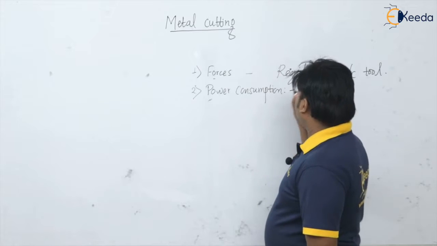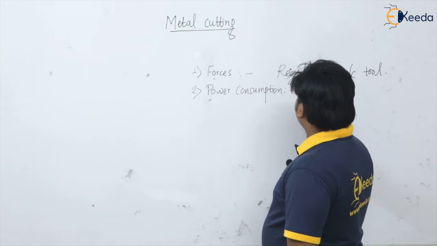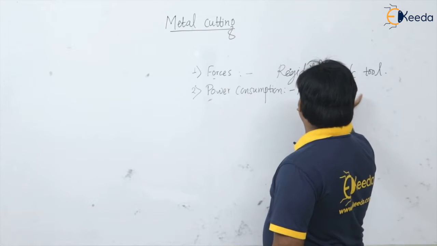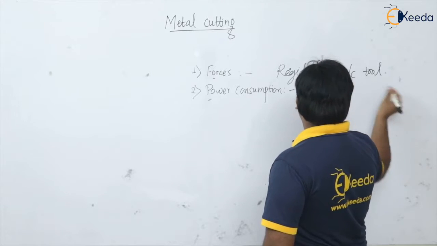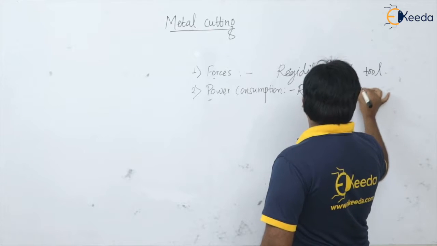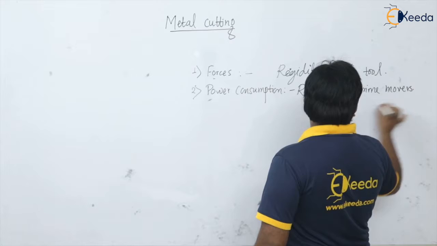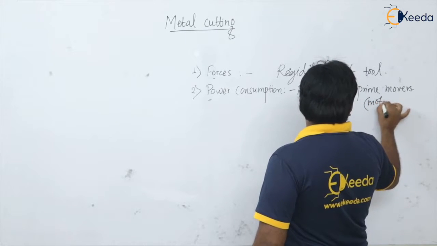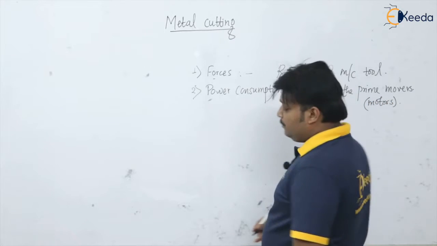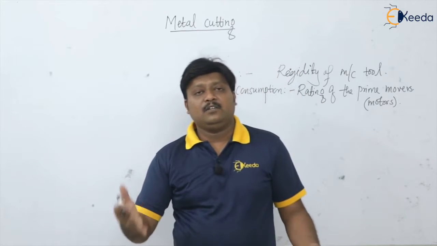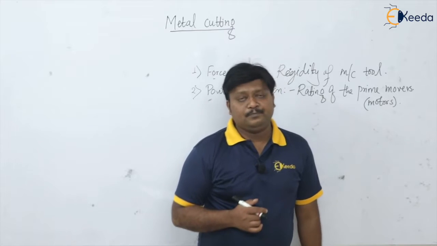Once you know the power consumption, we can have the rating of the prime movers. These are nothing but the motors, isn't it? So you can understand what will be the horsepower of the drives that we are going to use in the machine tool.